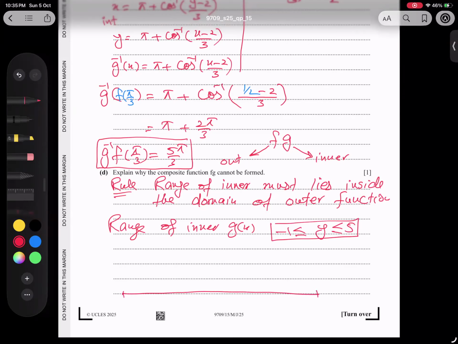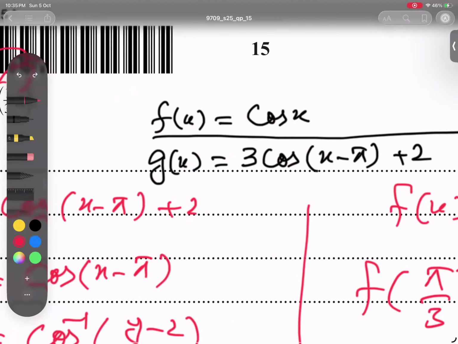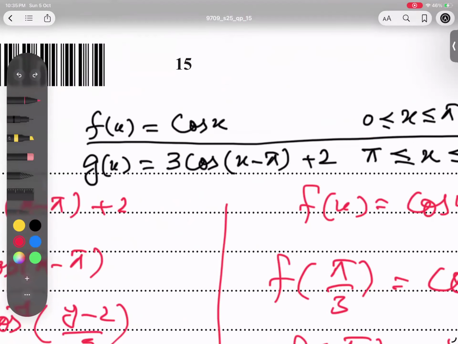Let's make a line here: -1, then 0, 1, 2, 3, 4, and 5. So this is my range. And basically this range must lie inside the domain of the outer function. Where is the domain of the outer function? The outer function is this, and the domain is this. So it means 0 to pi.